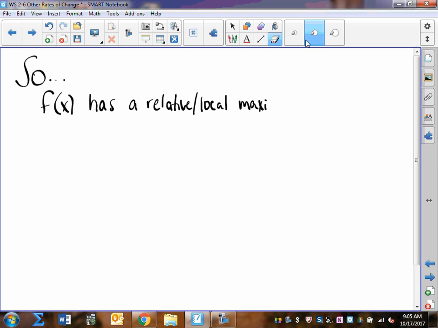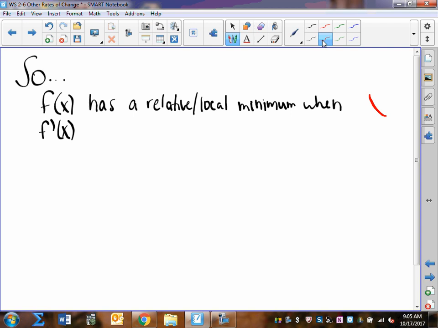Let's start off with minimum, since that's what we started off with. f of x has a local minimum when f prime of x, and again, think minimum, what has to happen with my derivative?